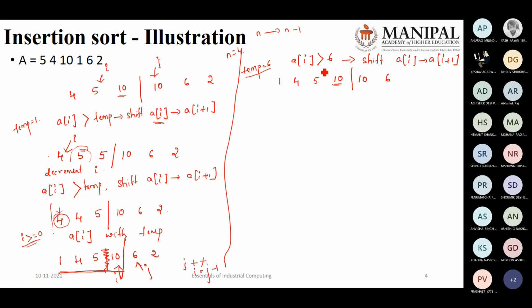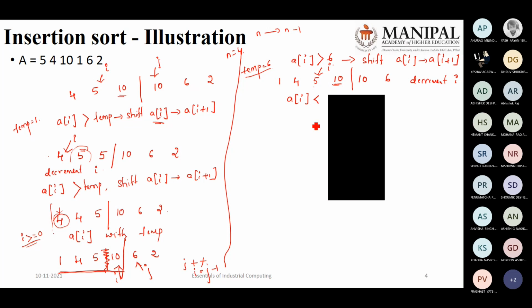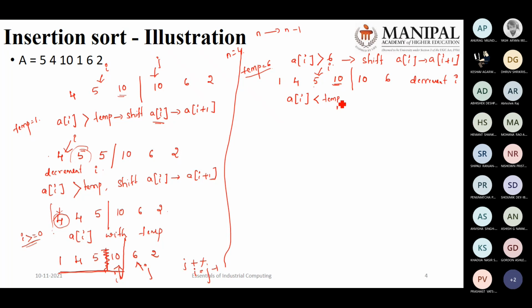Again, you are supposed to decrement I. After this, you decrement I. Decrement I means I will point here now. Again, compare A of I with temp. Now, A of I is 5. Temp is 6. A of I is less than temp. When you come across this condition, you have to write A of I plus 1 is equal to temp.